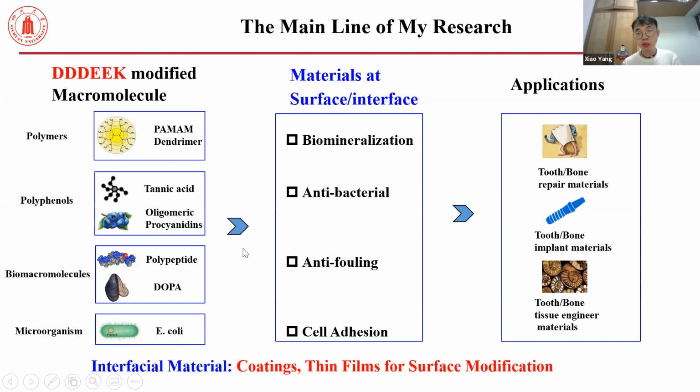We coat these materials onto surfaces and endow them with biomineralization, antibacterial, antifouling, and cell adhesion properties. They can be used in tooth-bone repair materials, tooth-bone implant materials, and tooth-bone tissue imaging materials.